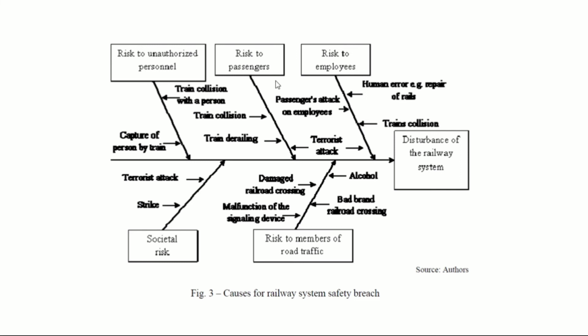So the risk is to whom? To employees or to passengers, something like that. Okay, but this is an example. For your assignment, you need to focus and specifically specify on the human error, the risk to the human, and also the cause by the human.